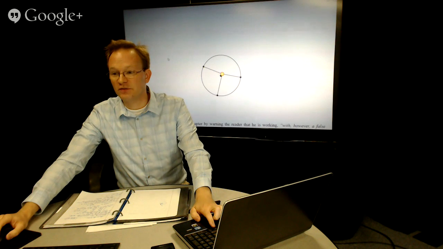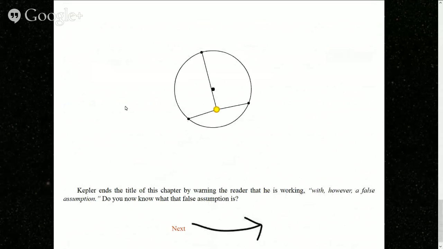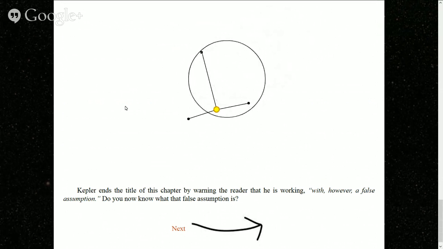And so here's an animation of what Kepler was experiencing. Okay, so here we go. From any three positions, if you say I know where Mars is, there is a circle, a center, and a line of apsides.